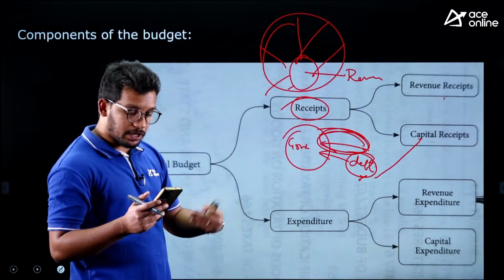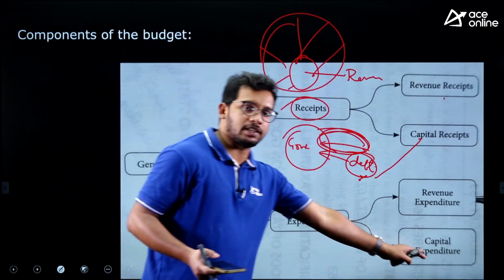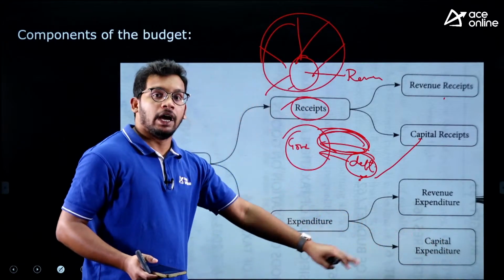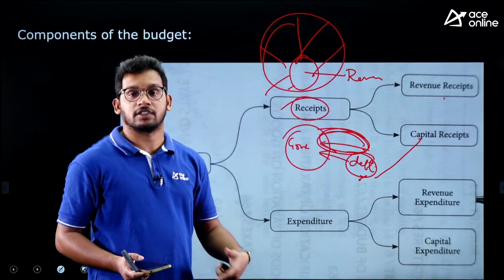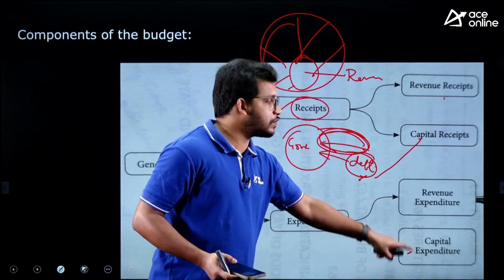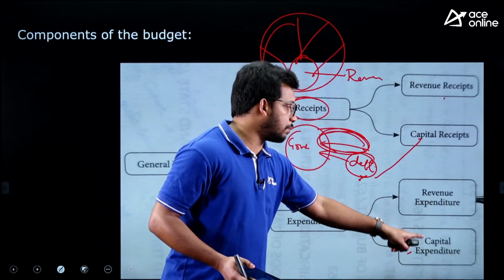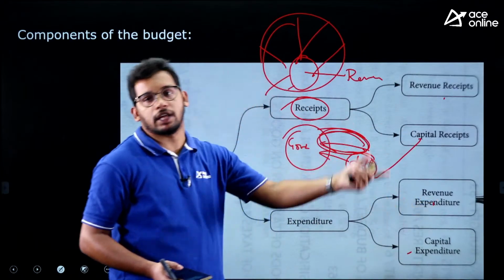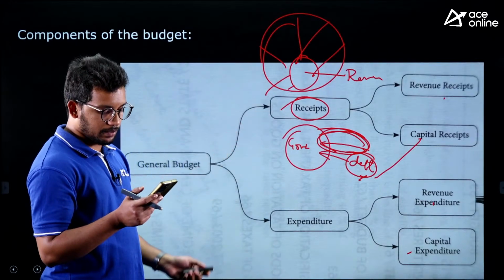Capital expenditure means creating assets, like the government spending money to create a road, which gives money every year in terms of road taxes and vehicle taxes. So these two are long term. This is the budget classification, and you need to understand this as well.